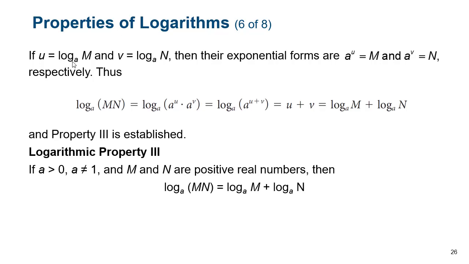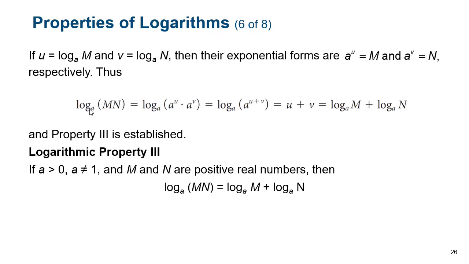If we have log base a of m and then log base a of n, the bases have to be the same, just like if we had a to the x and then a to the y, the bases are the same. So we know that a to the u equals m and a to the v equals n.